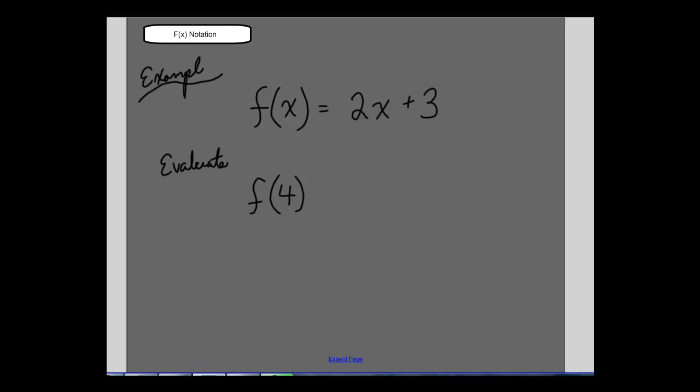So we have f of x is equal to 2x plus 3, and I'm asked to evaluate f of 4. Okay, the first thing I'm going to do is look at my independent variable, which is x. This is asking me to substitute in 4 for everywhere there's an x.